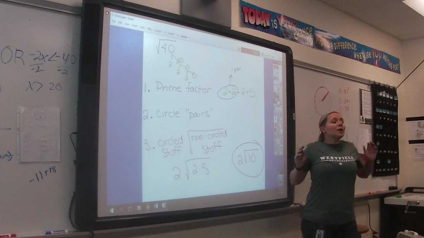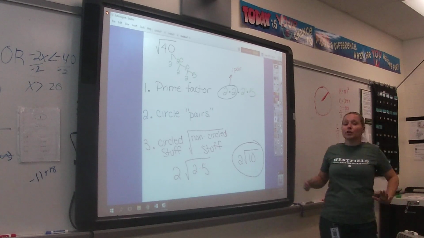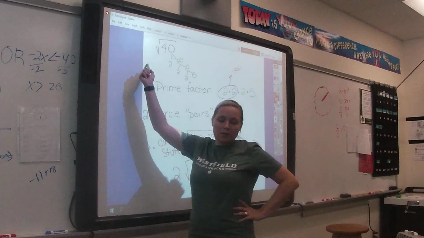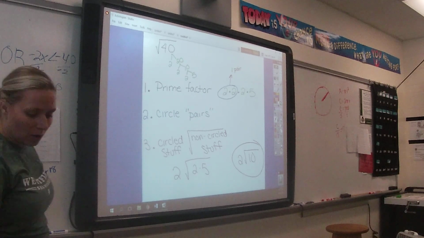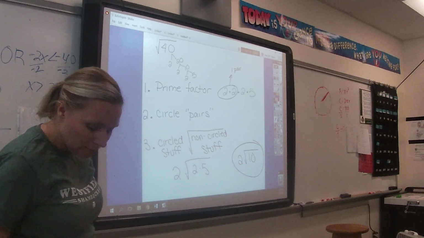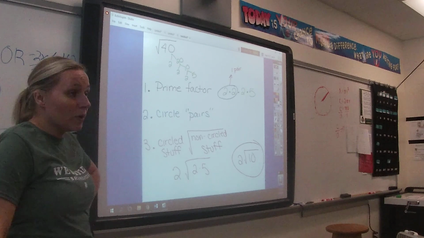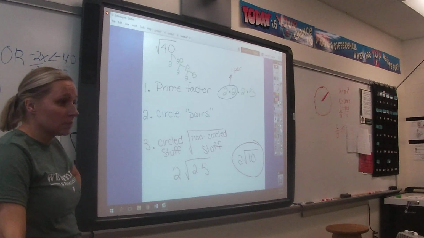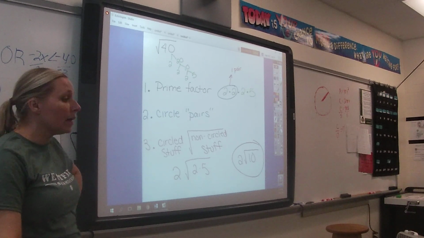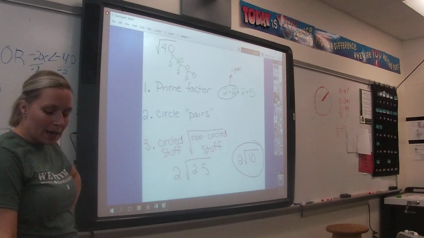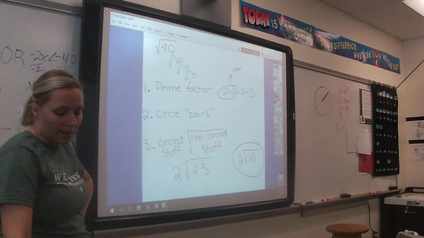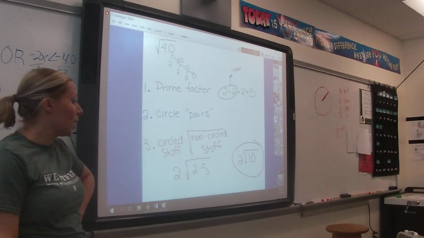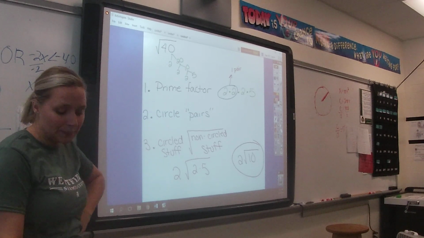Now, if you pick up your calculator and put in the square root of 40, so do second x squared 40 equals, we get 6.3, that big long decimal. Now clear out your calculator and do 2 second x squared 10.